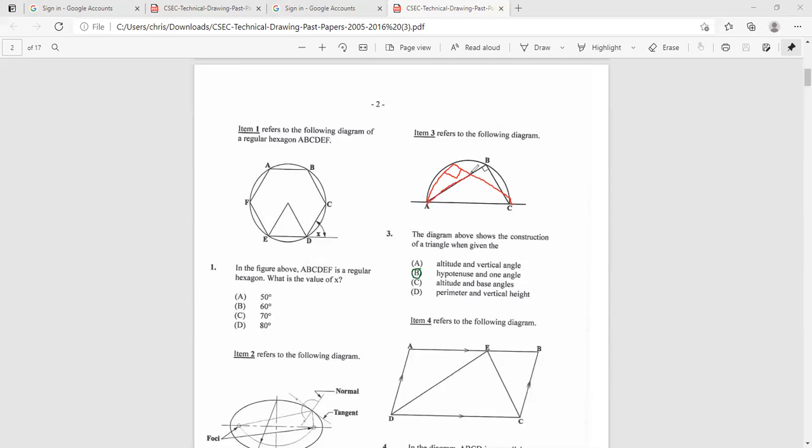So please note that. Always 90 degrees. You see, once you join the line from the base of the semicircle. All right, so the answer here is that.